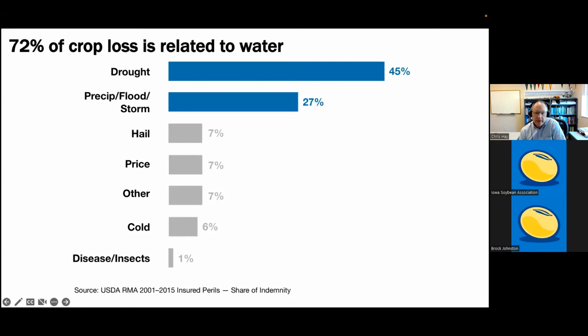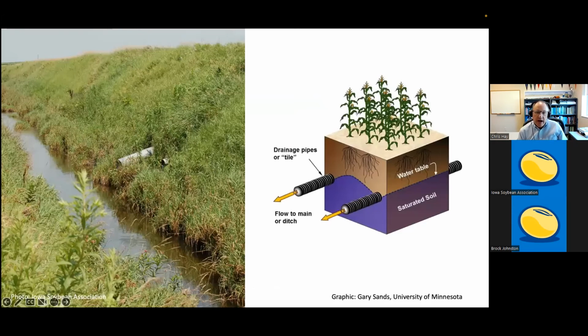And so better managing that water is a way to try and improve those yields, that production that we want to achieve. So, in Iowa and across the Midwest, traditionally we've been most focused on too much water, particularly in the spring, which is the larger of our problems here that we face.